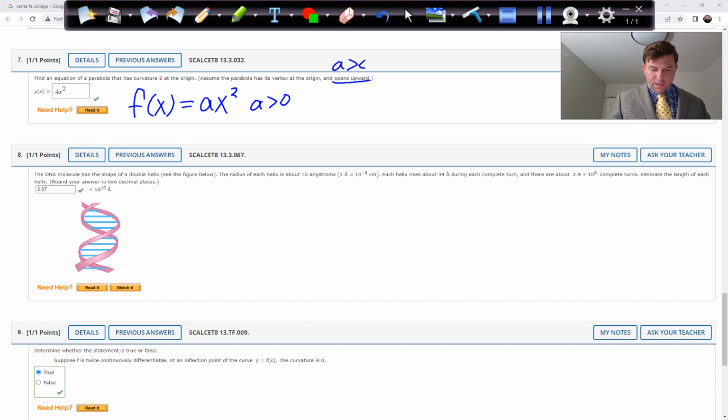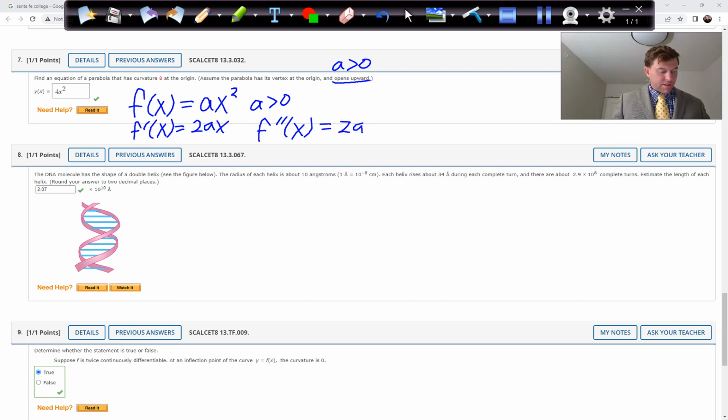When it says opens up, that means the number in front of the x squared term of your parabola is positive. Now we're going to find f prime of x, which would be 2ax. Then f double prime of x, which would be 2a.